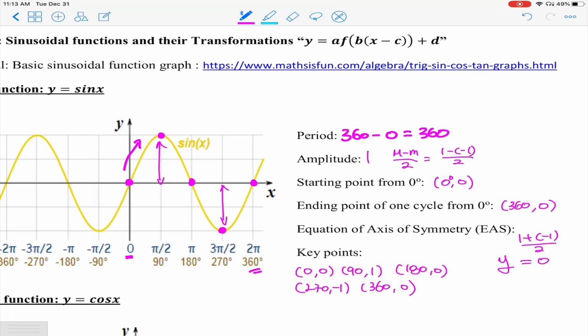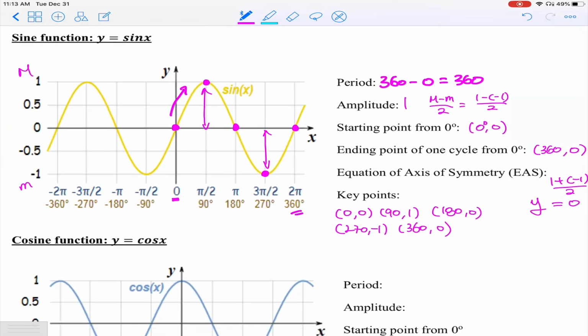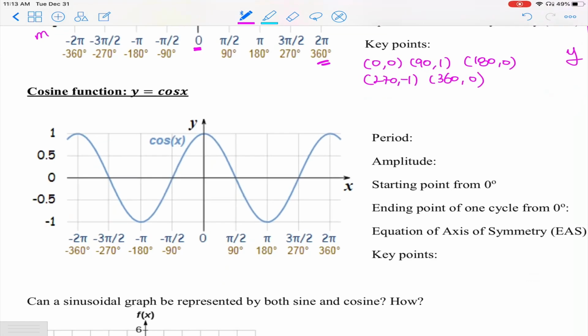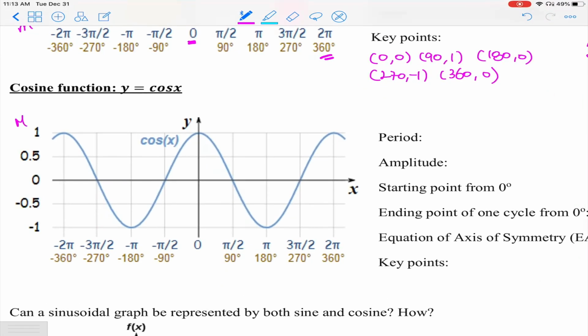So that's basically sine. Your cosine function looks pretty similar to the sine function, and they actually share quite a lot of characteristics. So let's take a look at the cosine function. Your maximum in a cosine function is +1, and your minimum is -1, basically the same as the sine. One thing you have to remember is that the cosine always starts from the max, whereas the sine started from the middle.